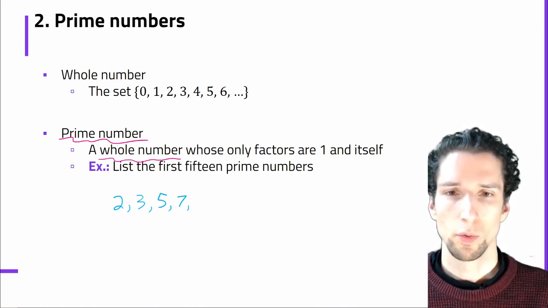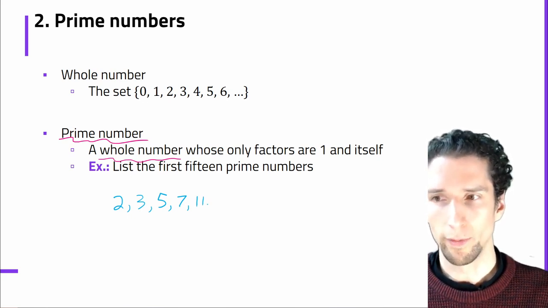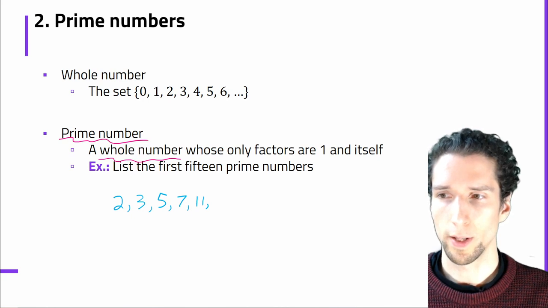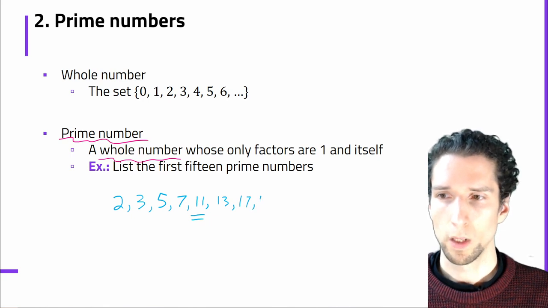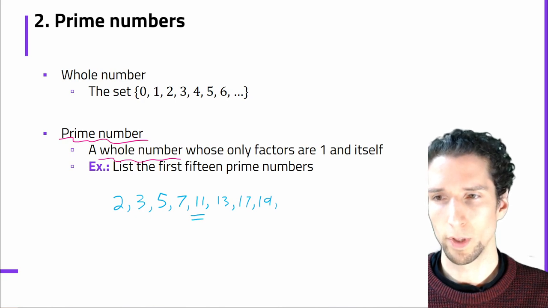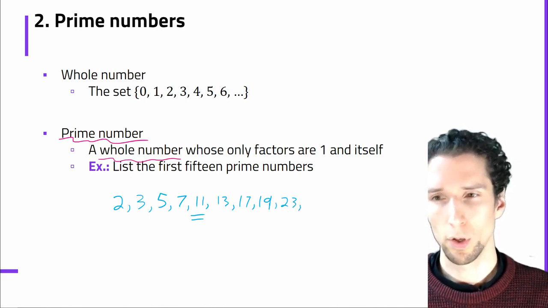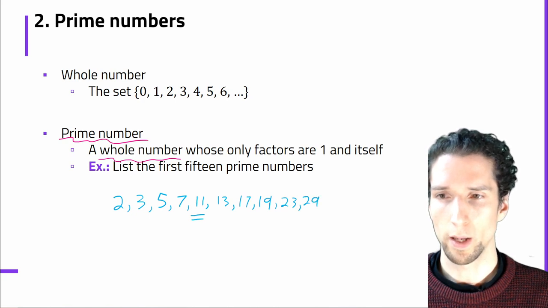Okay, so the next one here is 11. That's not so hard. So that's the first 5. 13, 17, 19, yes. 21, no, that's divisible by 3 and 7, so not 21. 23 works. 27, no, but 29, yes.